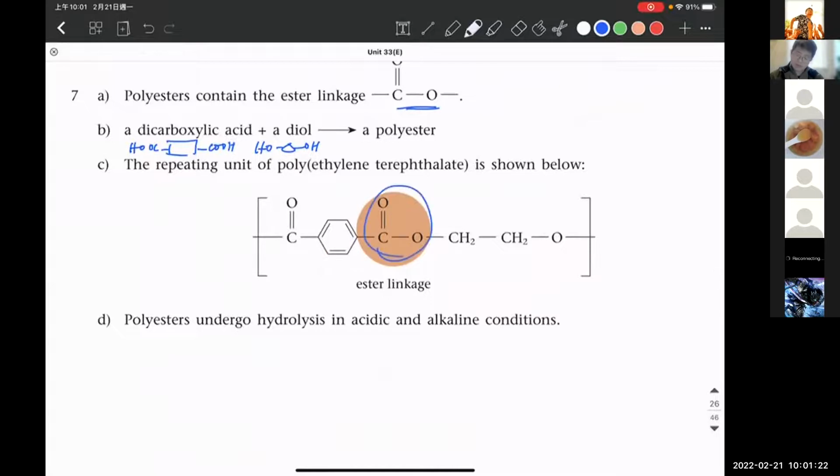Remember, this one is ester, but this part is also an ester linkage, part of that. So if you read it from another angle, you may find this one being a dicarboxylic acid, while this is from diol.